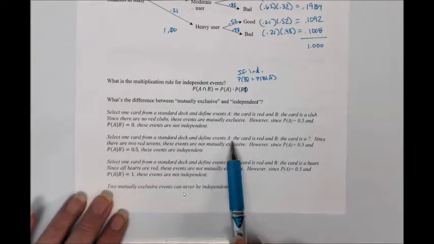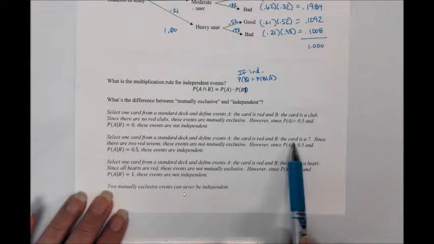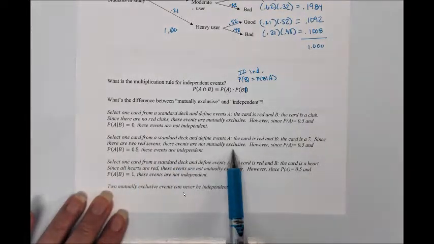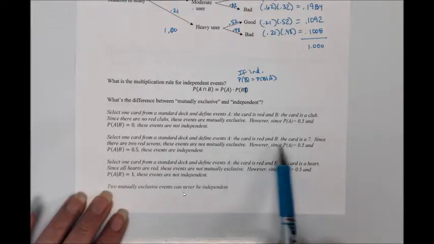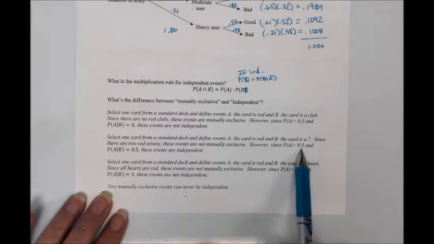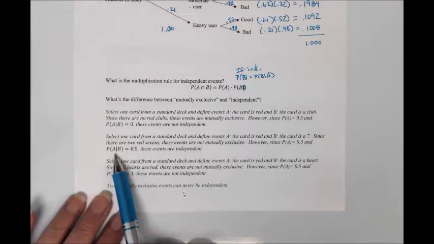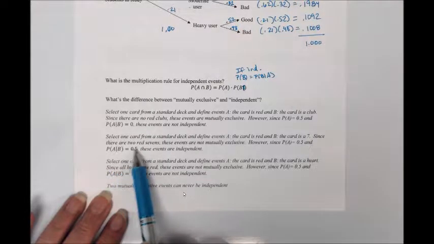Another example, card is red, card is a 7. Well, there are 4 7s, 2 of them are red, 2 of them are black. So since there are 2 red 7s, they're not mutually exclusive. However, the card being red has a 1/2 chance, 0.5 chance, and the probability that it's red given it's a 7, well, there are 4 7s, and 2 of them are red, so 2 out of the 4 is also 1/2.